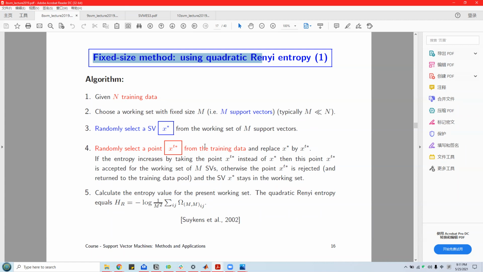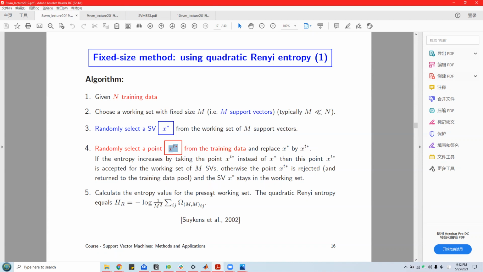Then you compare: if you make this modification, you calculate the entropy of the new subset. If the entropy increases, you accept the new data point as a new support vector. But if it's not increasing, then you just reject it and try to select again.